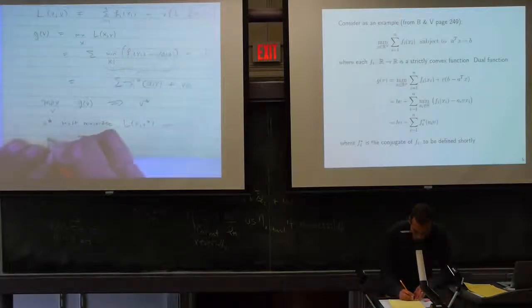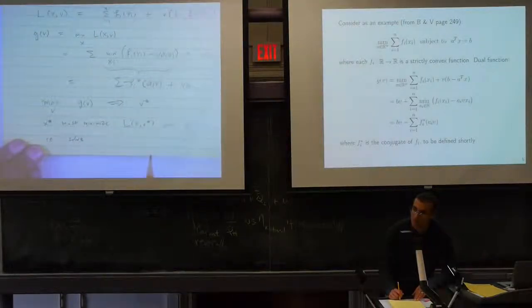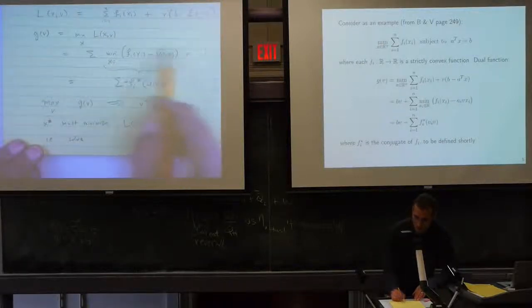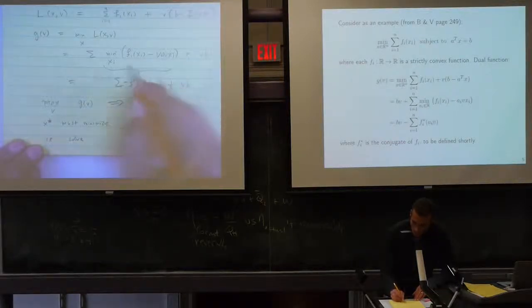So let's just solve each of these problems individually. That would give me x star. It is the point that minimizes the Lagrangian, and it breaks up into different minimization problems, one for each i. So how do I minimize this?